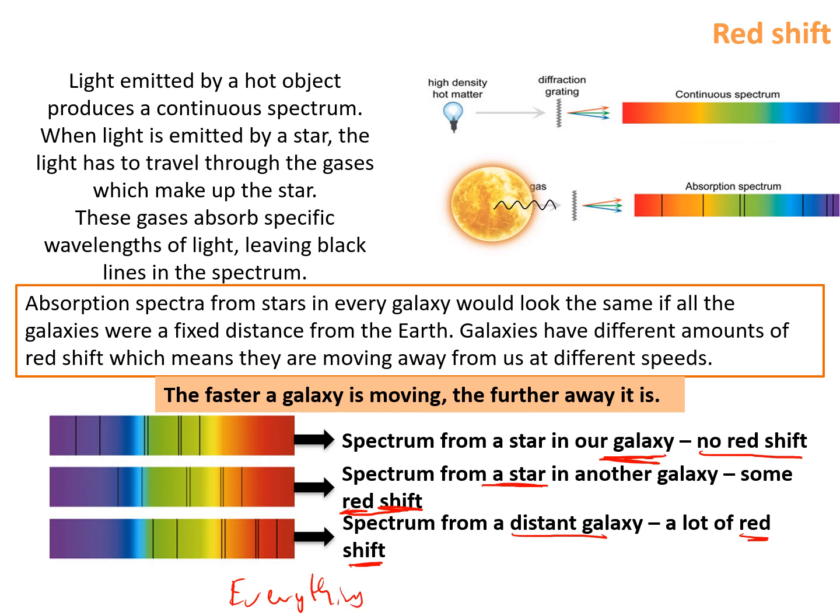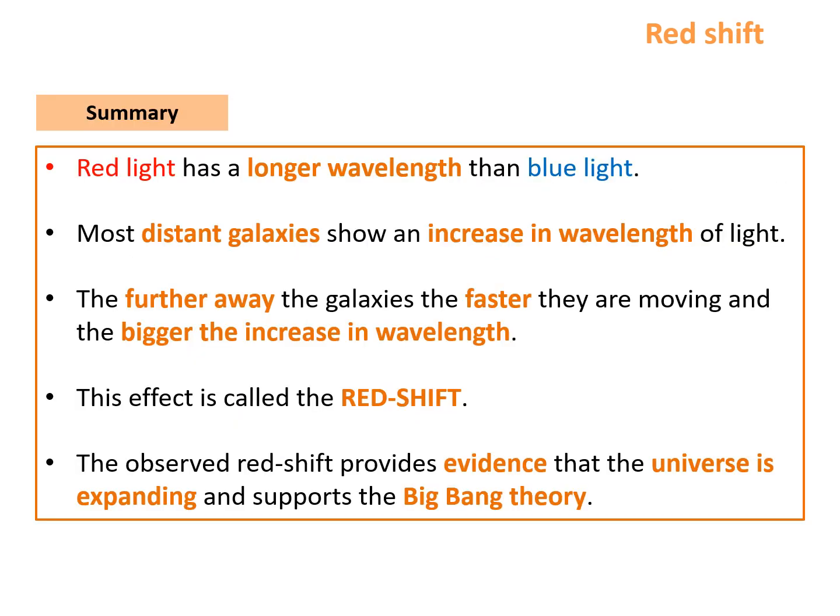Everything is moving away from the Milky Way. Everything is moving away from our galaxy. That means the universe is getting bigger. And this idea of redshift is one of the reasons why we believe in the Big Bang. Everything is moving away. That's just a summary of what was on the last page. So if you want to stop on it, that's fine.